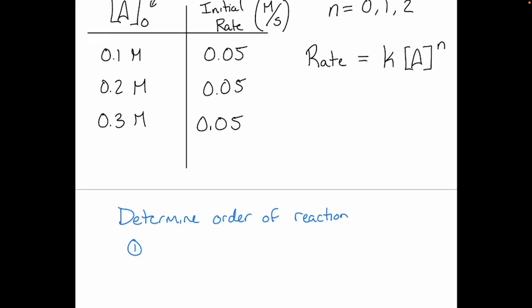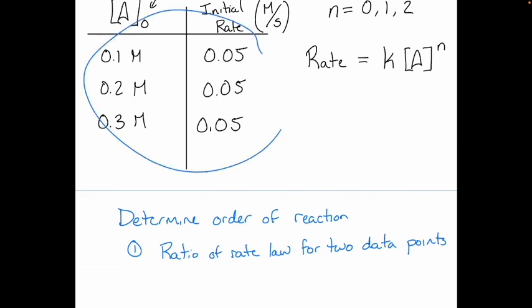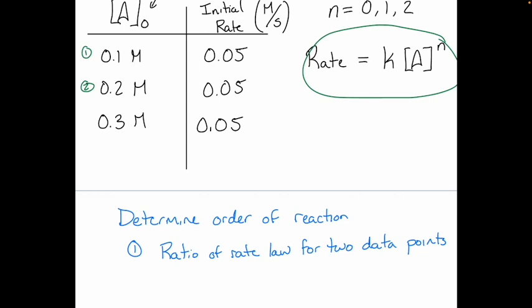And what we're going to do is take the ratio of the rate law for two data points. We've got 3 data points up here. I'm going to pick just 2 of them. Just the first 2, who cares? Okay? We're going to take our rate law for both of these data points, but we're going to take the ratio of those 2.